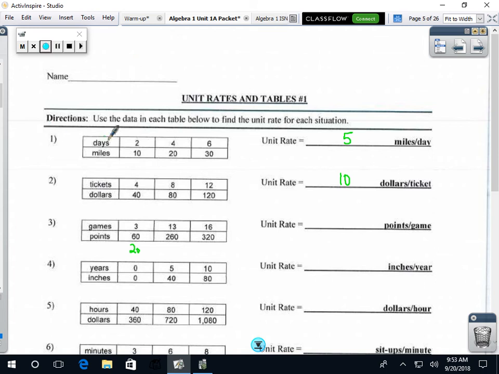Okay, and then is 320 divided by 16 also 20? So is this linear? Yes, it still is. It's just they skipped some of the points in the table. But we can still say, because of the info they gave us, that it's 20 points per game.